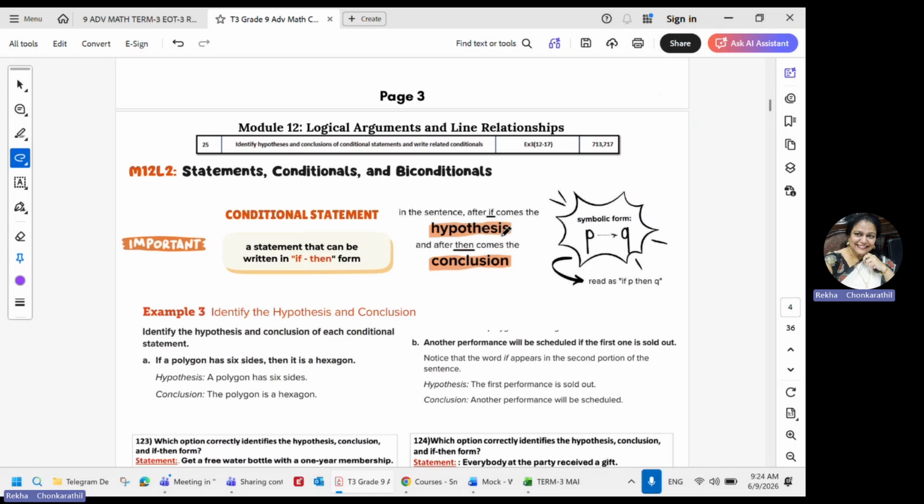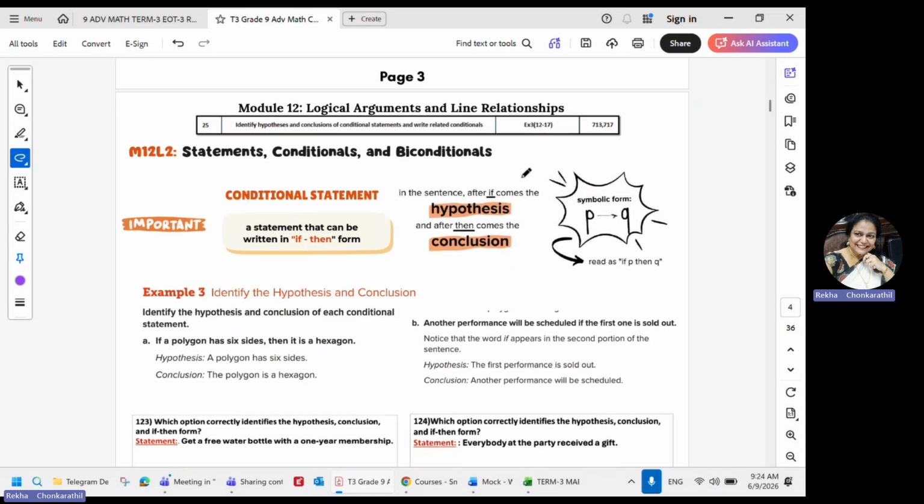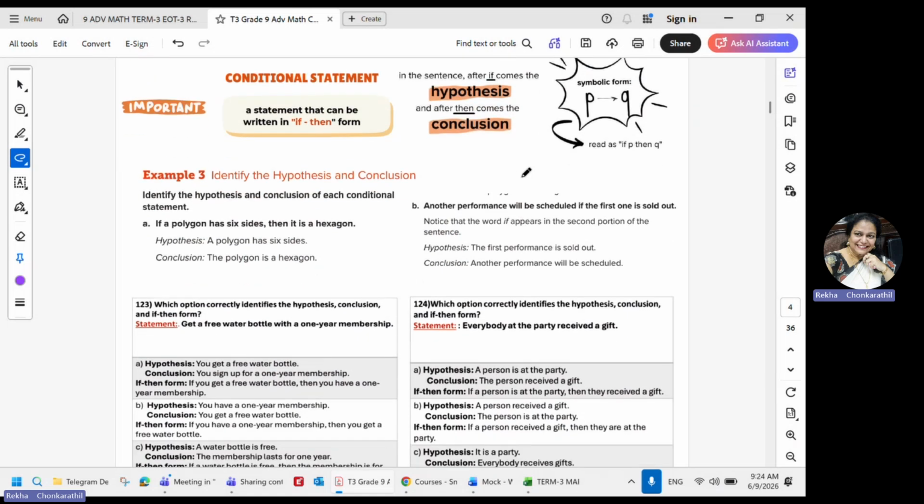Next, we have the second lesson in module 2, which is about identifying hypotheses and conclusions of conditional statements and writing related conditionals. Now, what is a hypothesis and a conclusion? The hypothesis is the part which is followed by a conclusion. We say if a polygon has 6 sides, then it is a hexagon. So whatever follows after the word if is the hypothesis and the conclusion is the later part.